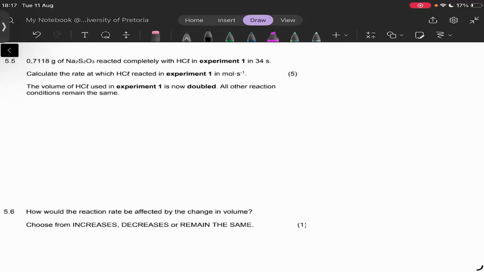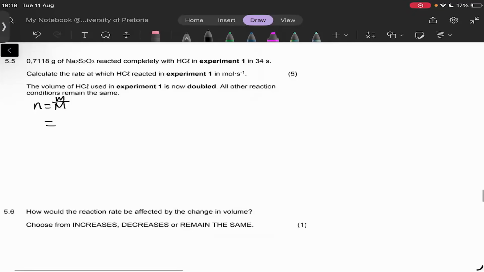So for a question like this, let's jump straight into it. The first thing we're going to want to do is take the information given to us and convert that into moles. So I'm going to have n equals mass over molar mass. Remember, guys, you get a mark for the correct formula.